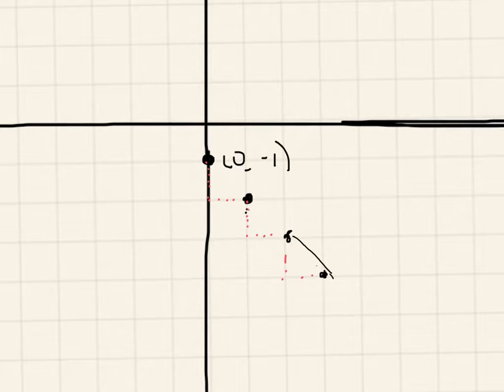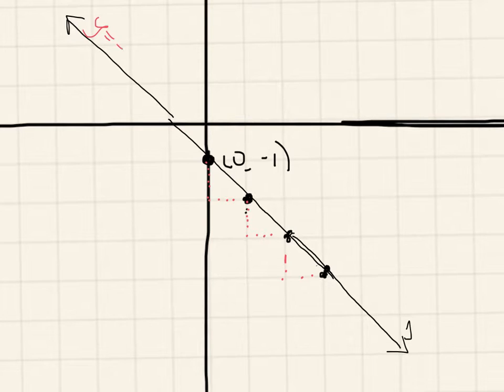Okay, that's pretty bad. That's why we use a ruler. It's supposed to go through those points. Yours is going to look a lot nicer than mine because you have a straight edge and I don't on this app. So this is line 1, y equals negative x minus 1.